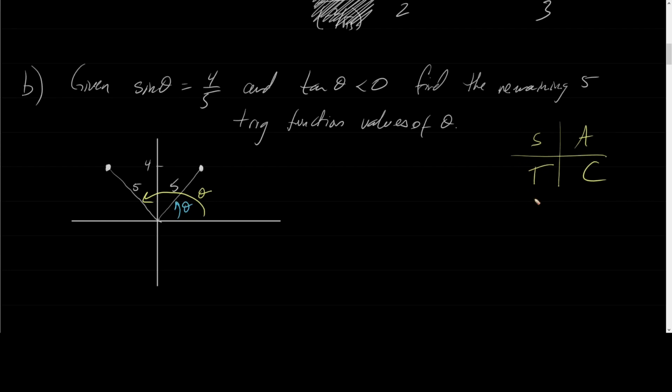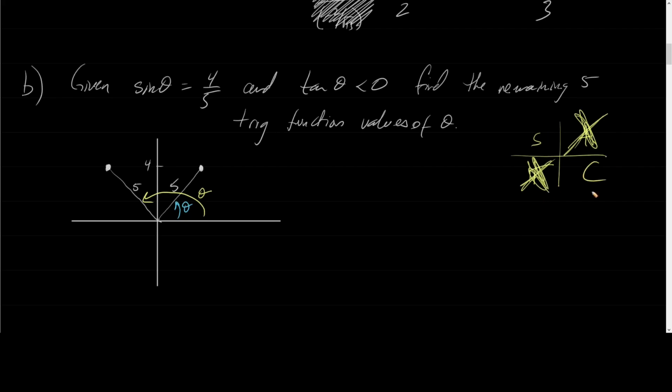In the third is just tangent and its reciprocal cotangent, and in the fourth is cosine and its reciprocal secant. So since we know that tangent is supposed to be less than 0, well, it cannot be in this first quadrant because tangent is positive there. It cannot be in this third quadrant because tangent is positive there. So it's either in the second quadrant or in the fourth quadrant.